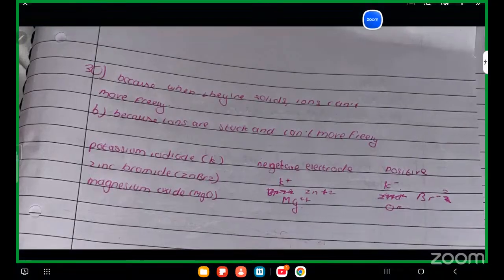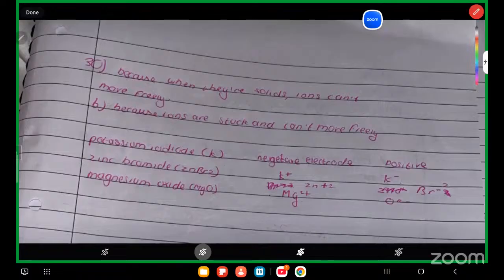That's right. Because the ions are stuck. Okay, this is good.